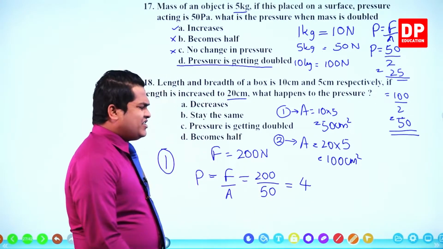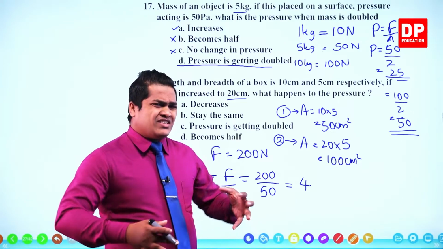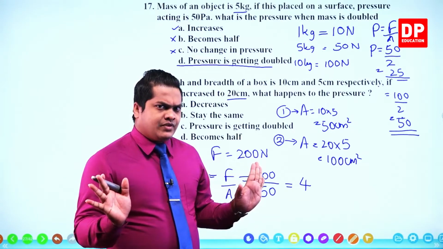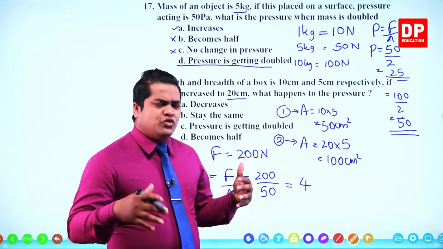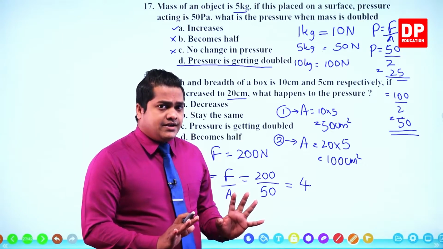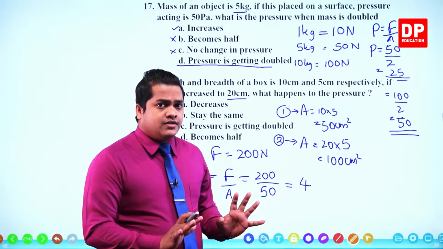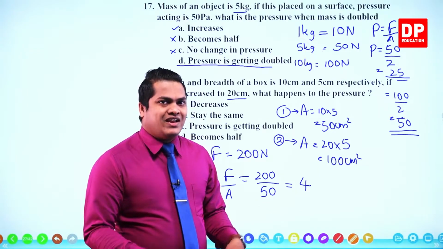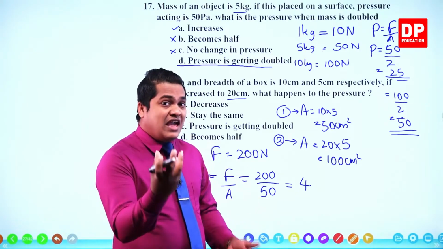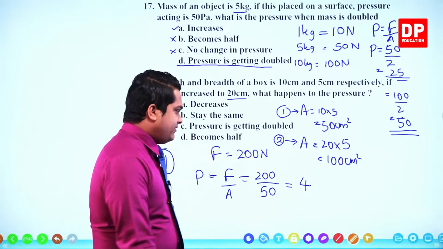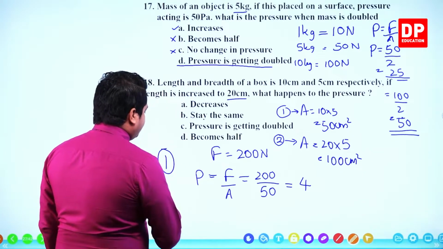You don't need the units in here. We are just seeing what is going to happen with the pressure. So don't go for the units. Just substitute the values and see what's going to happen with the value, my dear children. They are asking only about the value, no? So let's see the value of the second one then.